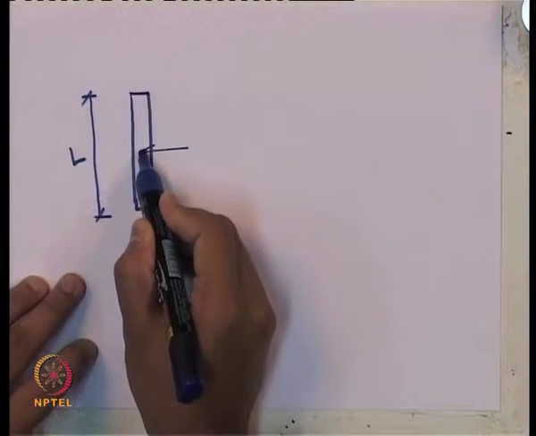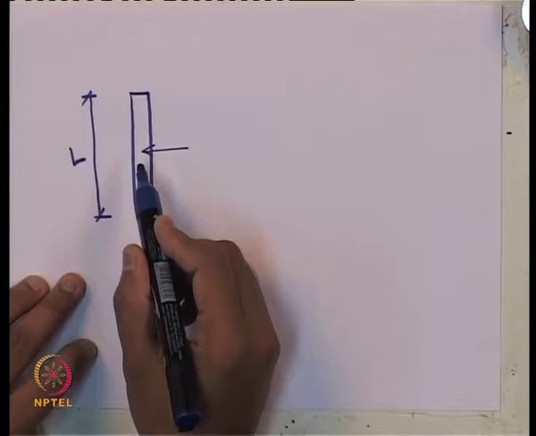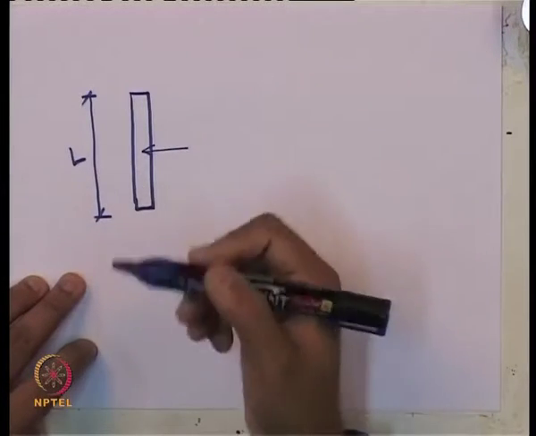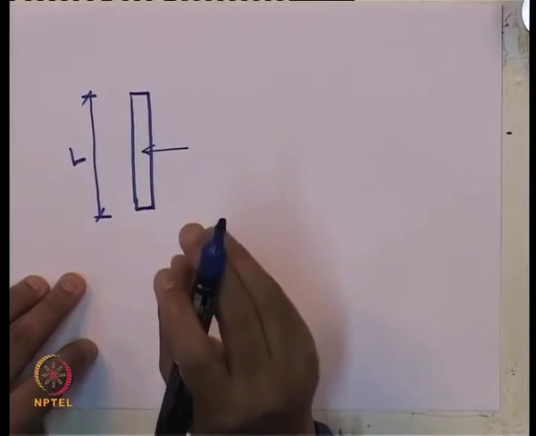There can be 3 different types of inertia force for this bar, and all these we consider at the center of gravity of the bar. Why? Because in all these problems we are considering the masses as point masses.